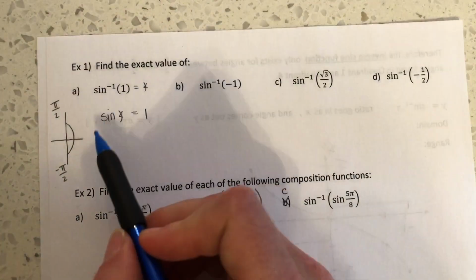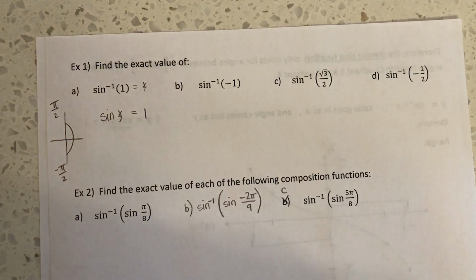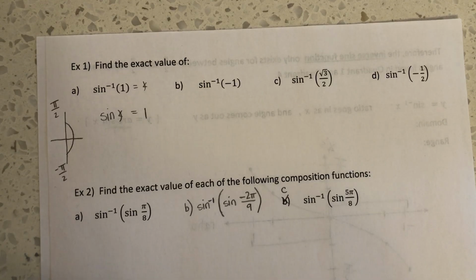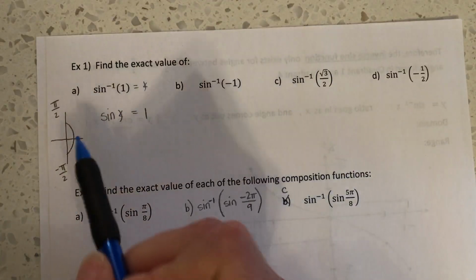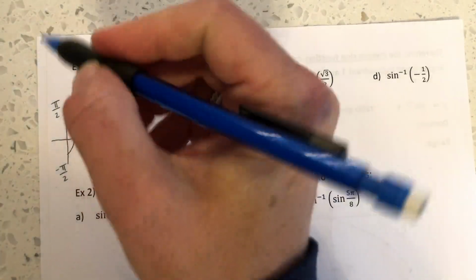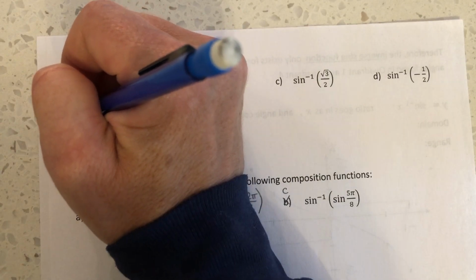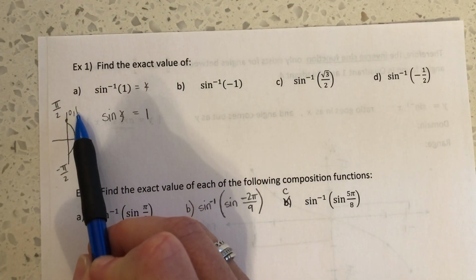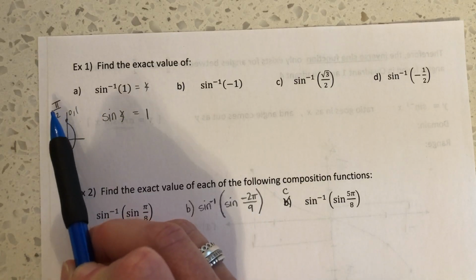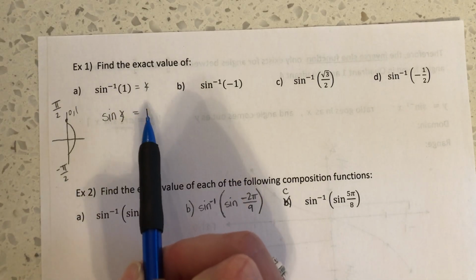It's got to be something either special like pi over 6, pi over 3, pi over 4, or one of your quadrantals. Well, in the world of sine, if the ratio was 1, that was a quadrantal. Who had a y-coordinate of 1? Right here is the point 0, 1. The y-coordinate is 1 right there. So the sine of pi over 2 had a ratio of 1.